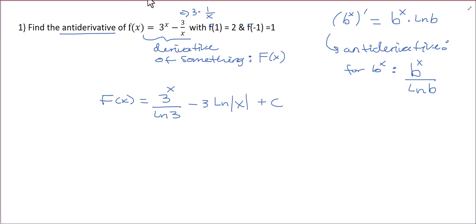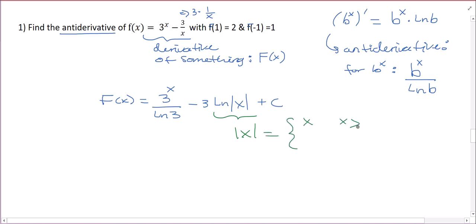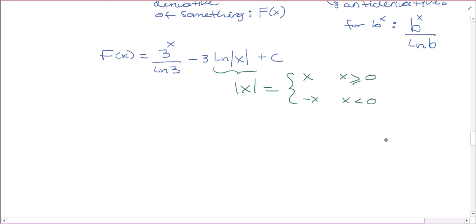But that's because the natural log of absolute value of x is a piecewise function. Recall, the absolute value of x is equal to x when x is greater than or equal to 0 and is equal to negative x if x is less than 0. So this antiderivative then is a piecewise function because of that absolute value.